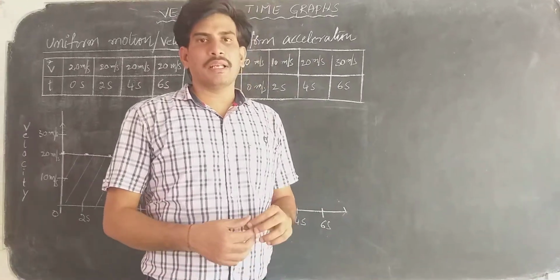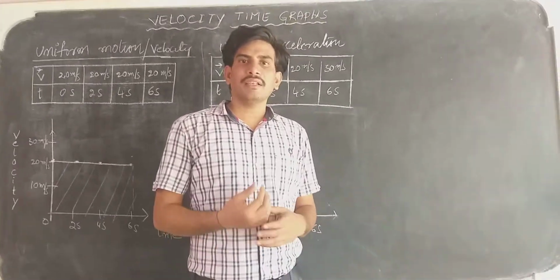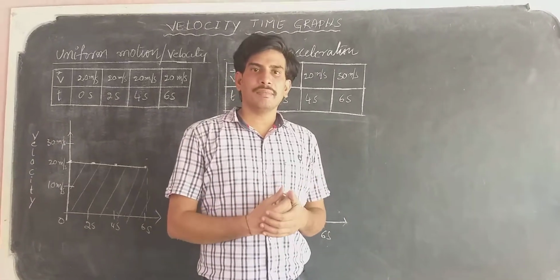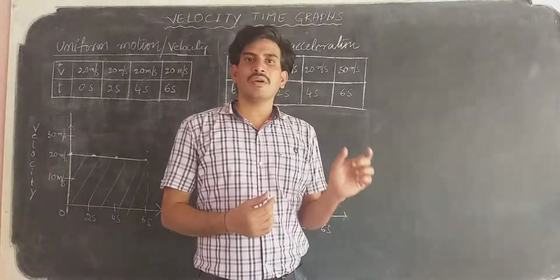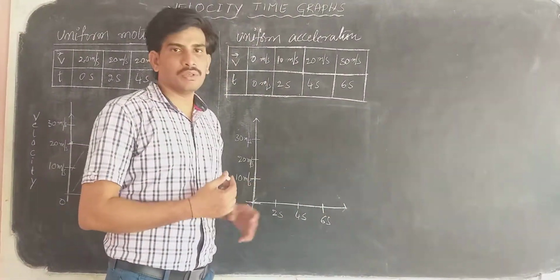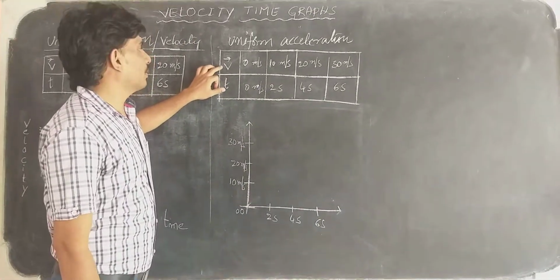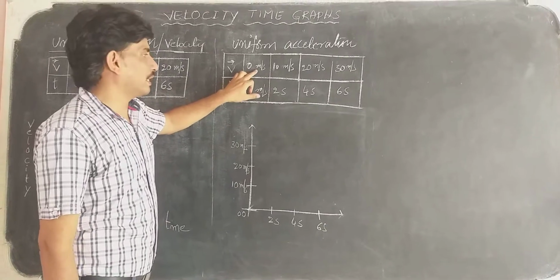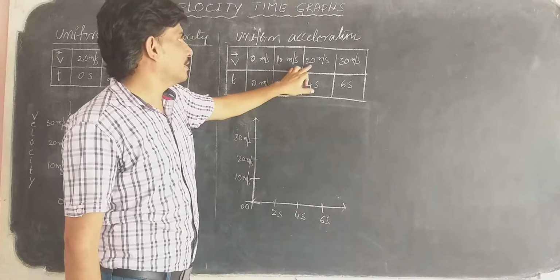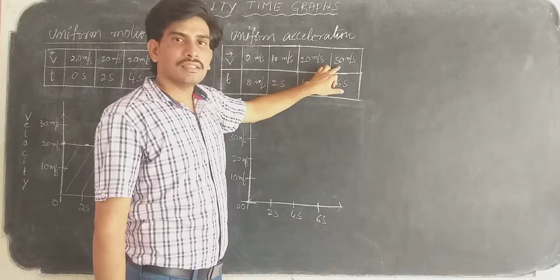From the velocity time graph, how to represent the uniform acceleration? We know that acceleration means rate of change in velocity. Then uniform acceleration means the change in velocity is constant in an equal interval of time. So I took a similar example and see how to represent it on a graph. The velocity of your object, initially at 0 meter per second, at 2 seconds it is 10 meter per second, at 4 seconds it is 20 meter per second, at 6 seconds it is 30 meter per second.